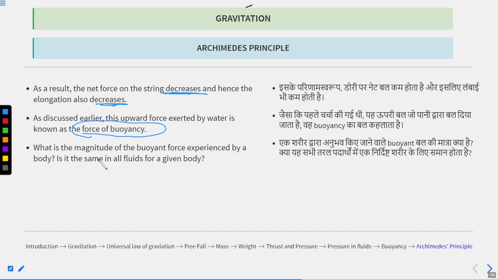But if you want to calculate the magnitude of this buoyancy force, how are you going to calculate it? If I ask you to calculate how much buoyancy force is exerted on this pen, how are you going to calculate it? This is the question, and Archimedes' principle will try to find the solution to this question.